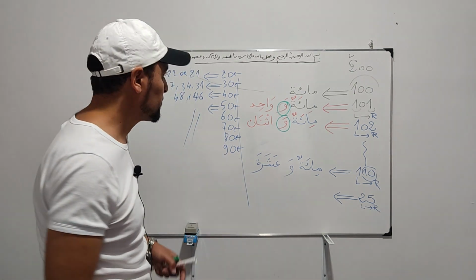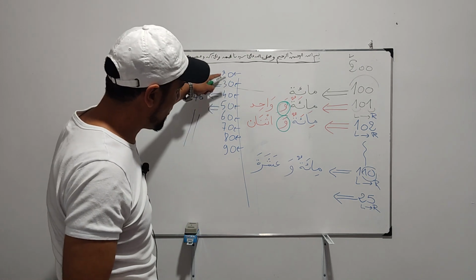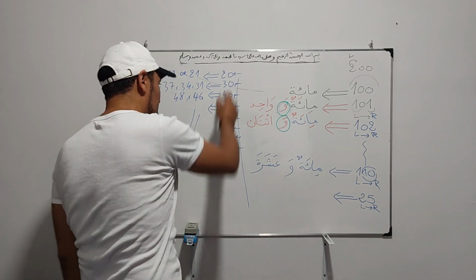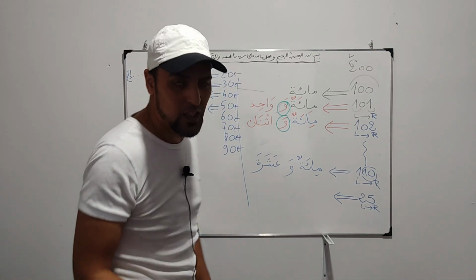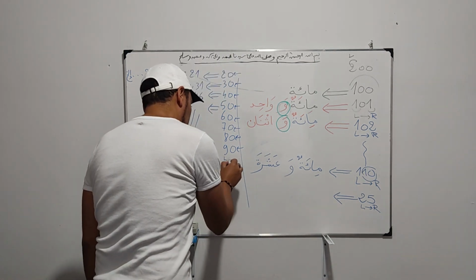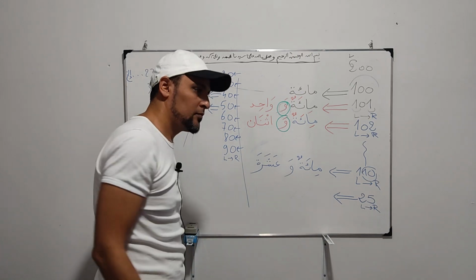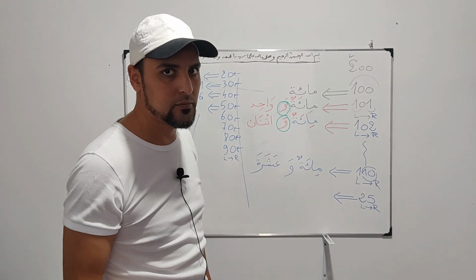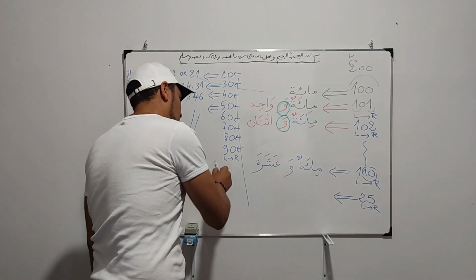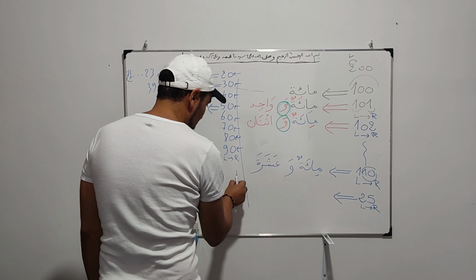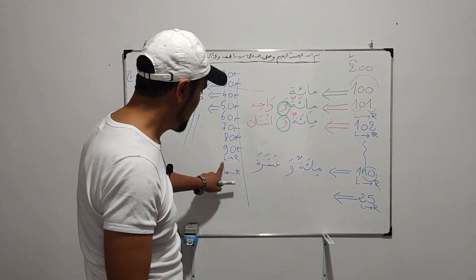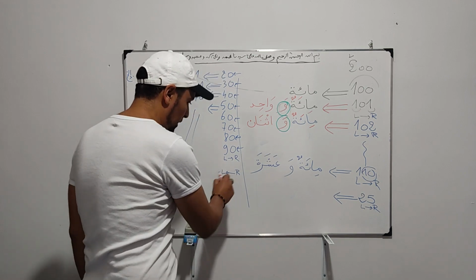If you add any number to this order from 20 to 90, you will not say it like in English, 94, starting from left and going to the right. But you will start from the right to the left. From right to left.